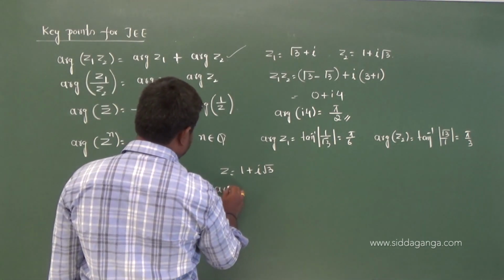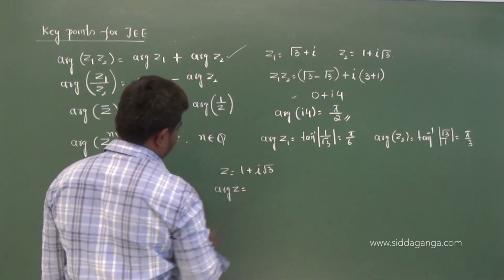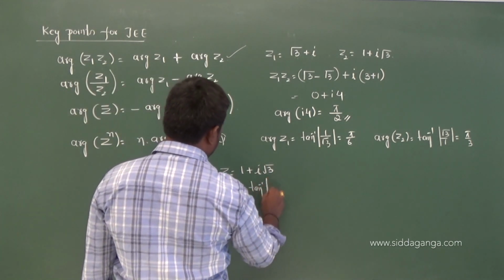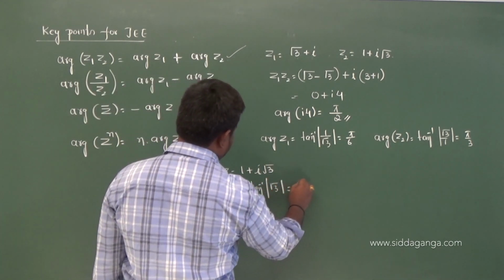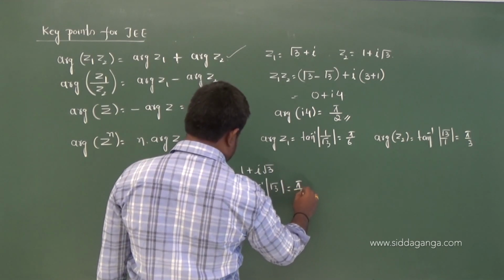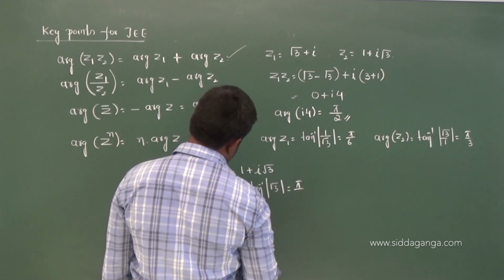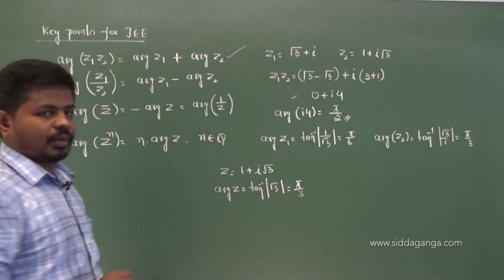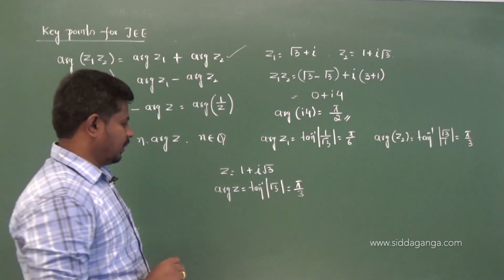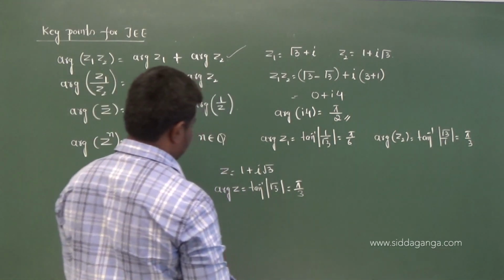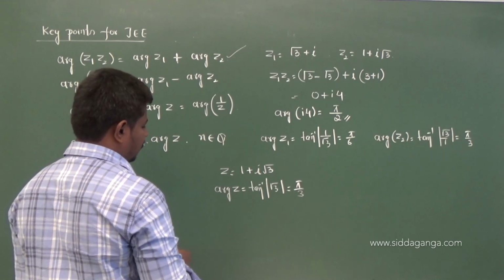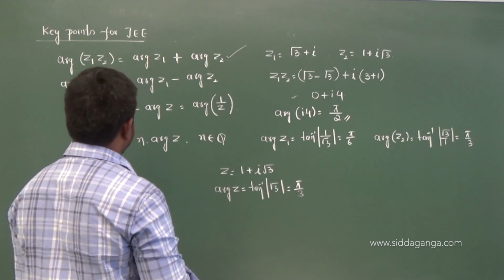Argument of z is tan inverse of root 3, tan 60 is root 3, therefore tan inverse of root 3 is pi by 3.